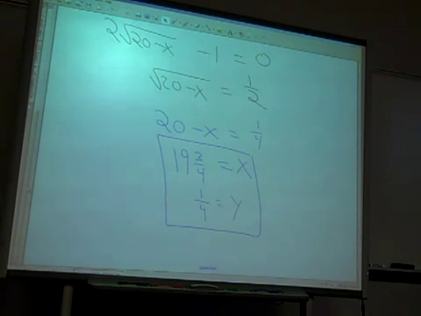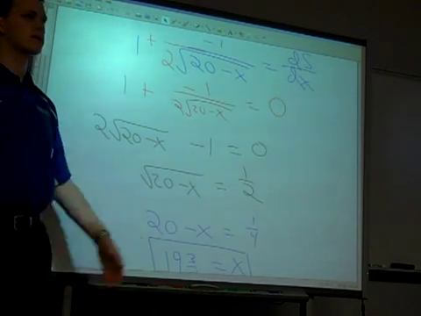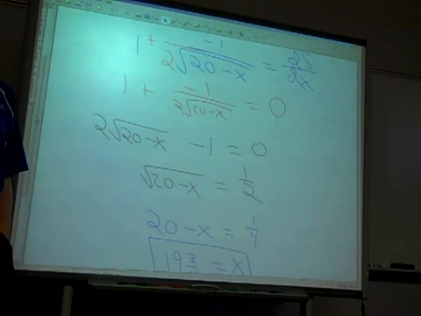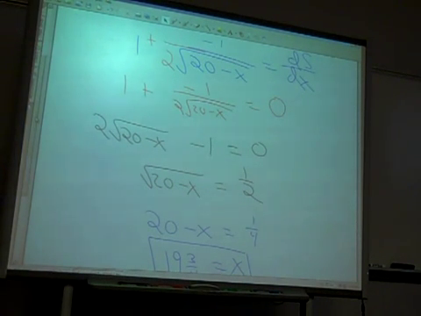Okay, well, how do we find out if it's a max or min? We take the second derivative. So we get to take the second derivative of that. That doesn't look like very much fun, does it? So maybe we can choose something else, or maybe we can do it a different way.